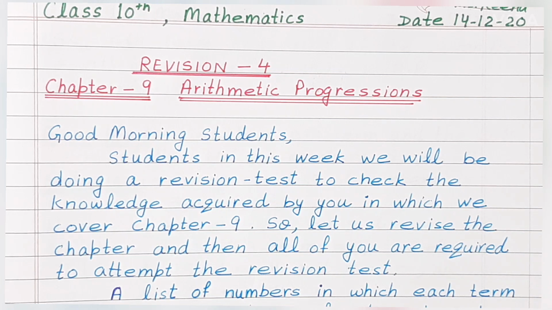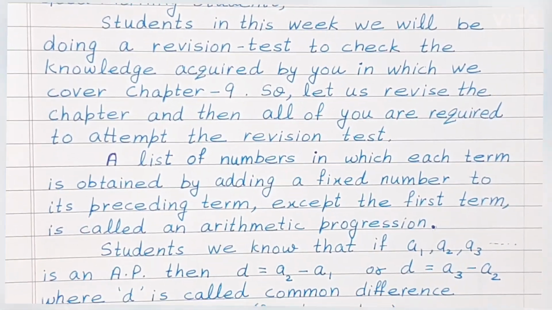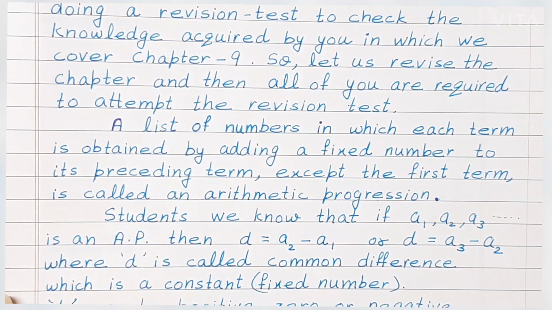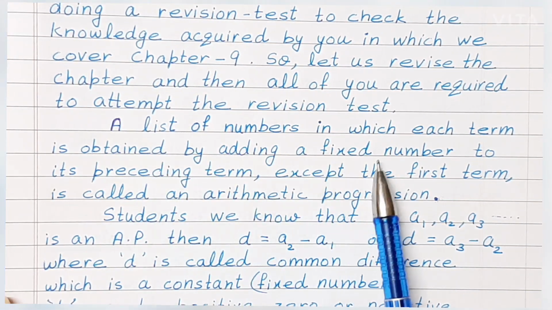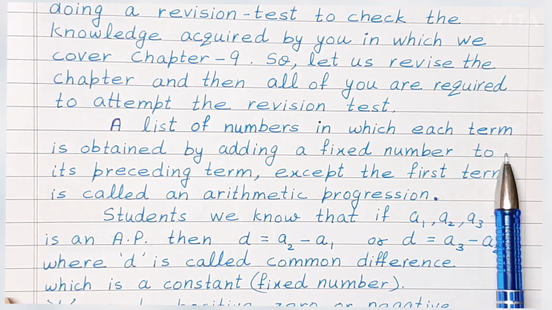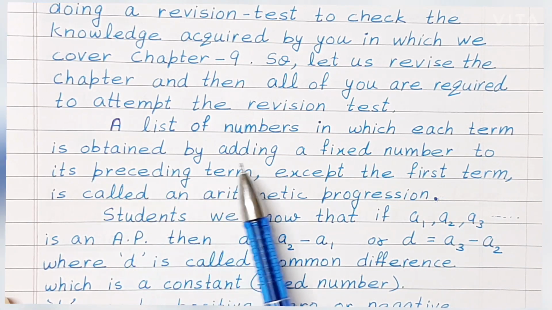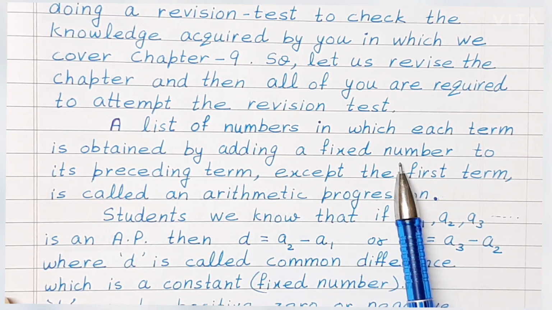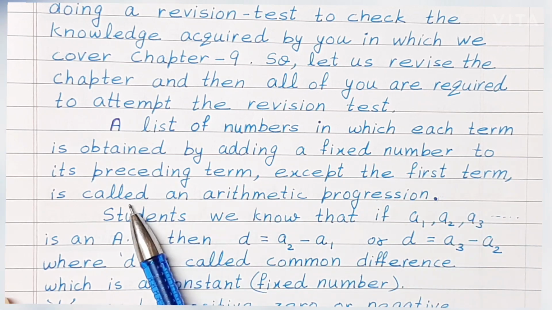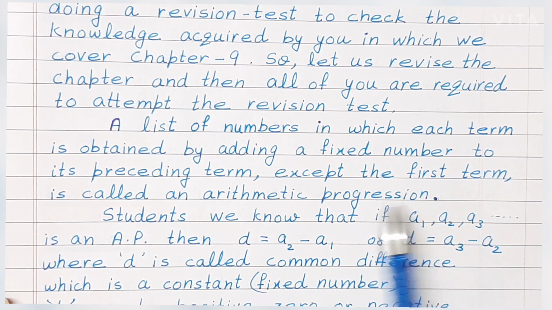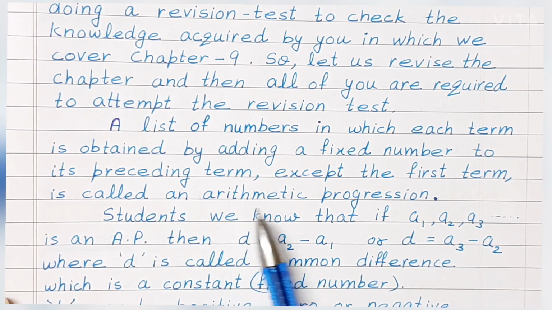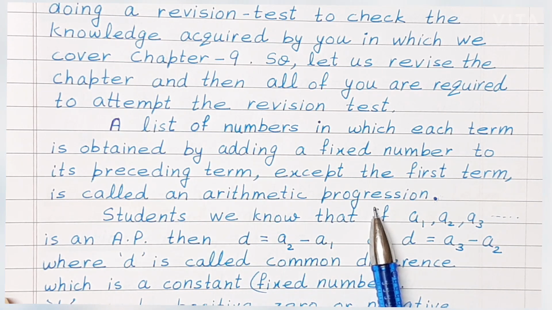Now students, you all know that a list of numbers in which each term is obtained by adding a fixed number to its preceding term except the first term is called arithmetic progression.